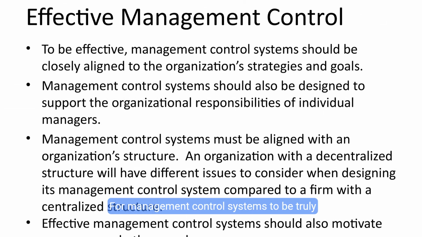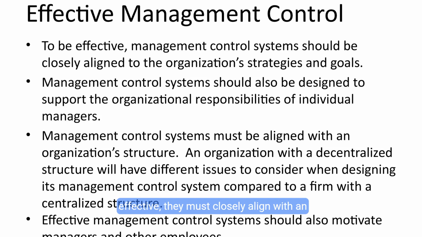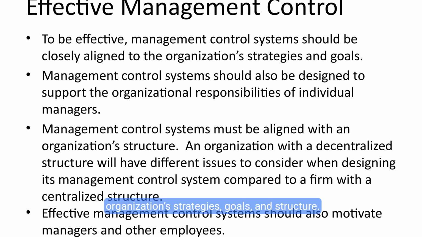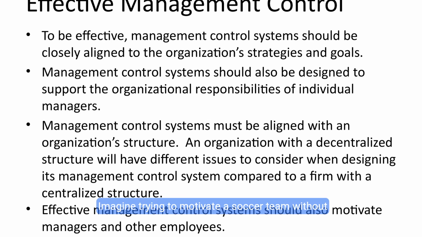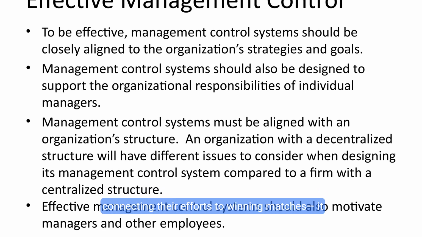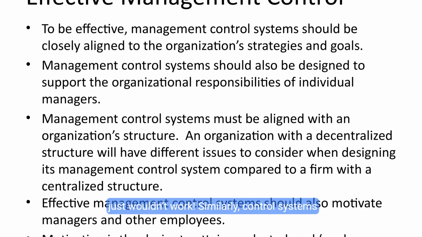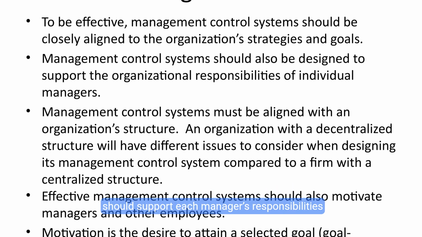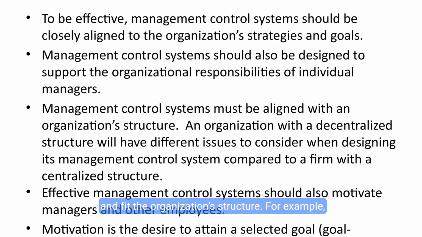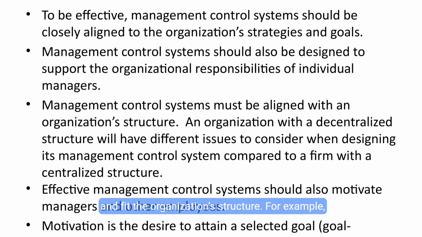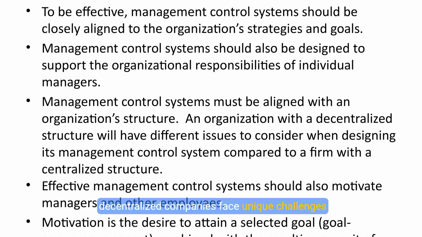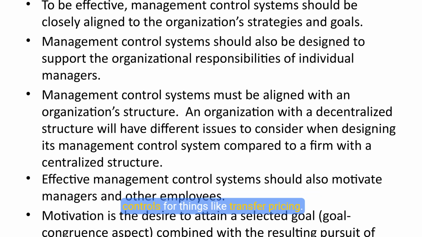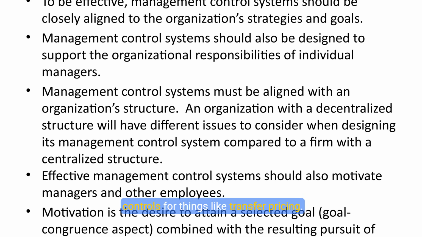For management control systems to be truly effective, they must closely align with an organization's strategies, goals, and structure. Imagine trying to motivate a soccer team without connecting their efforts to winning matches. It just wouldn't work. Similarly, control systems should support each manager's responsibilities and fit the organization's structure. For example, decentralized companies face unique challenges compared to centralized ones when designing controls for things like transfer pricing.